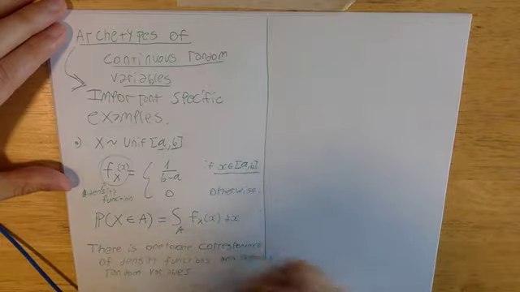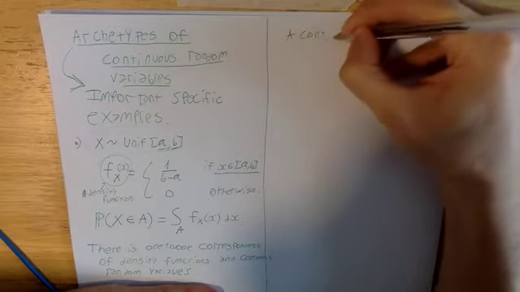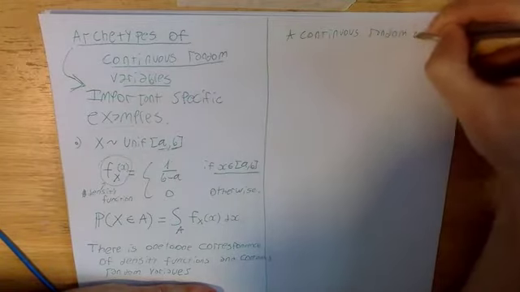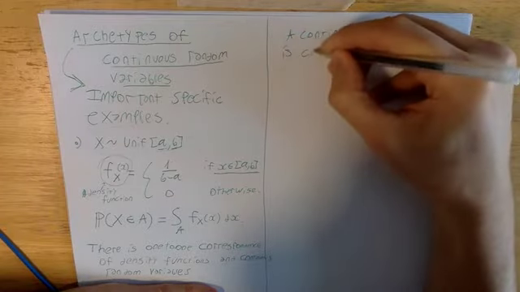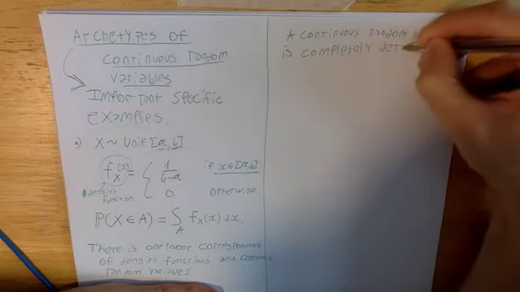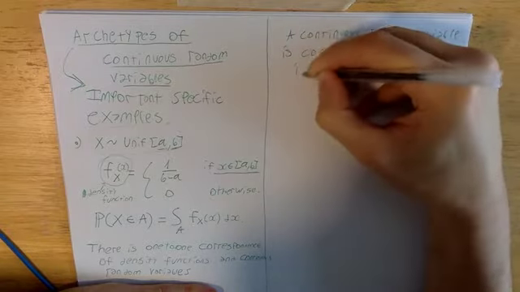What I mean is a continuous random variable is completely determined by its density function.